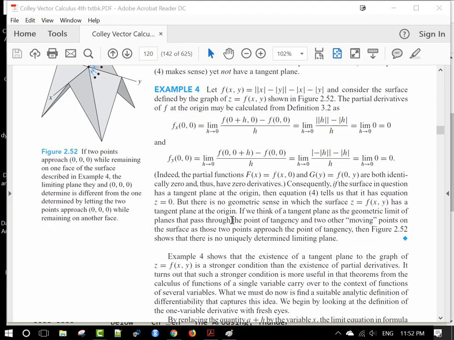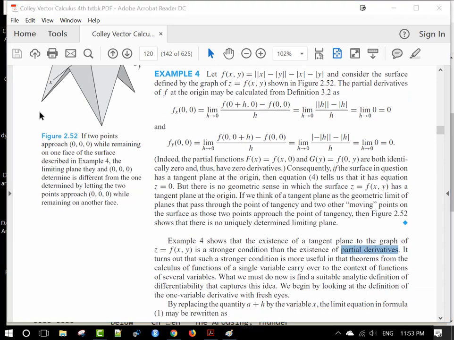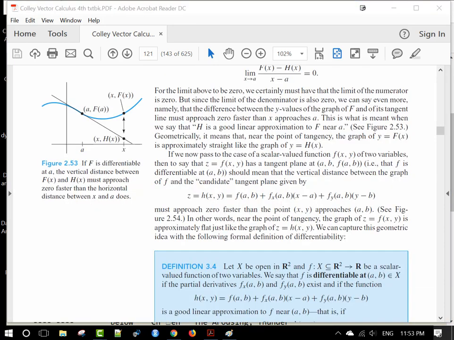We can make up this definition of differentiable, and we're not going to say that a function is differentiable if its partial derivatives exist. We're going to choose the stronger condition: we're going to say a function is differentiable at a certain point if it has a tangent plane. So we will come back to that next.